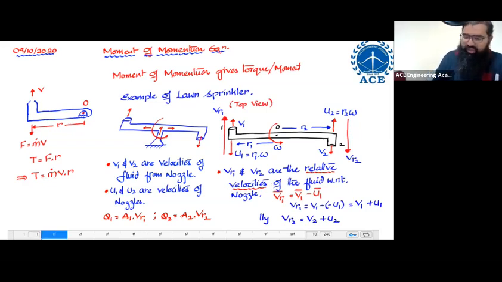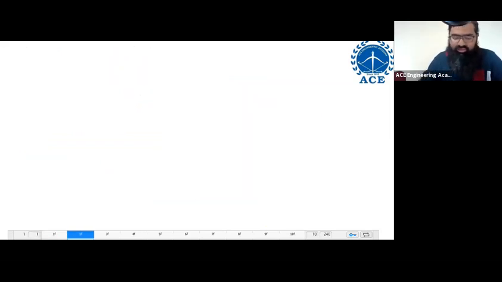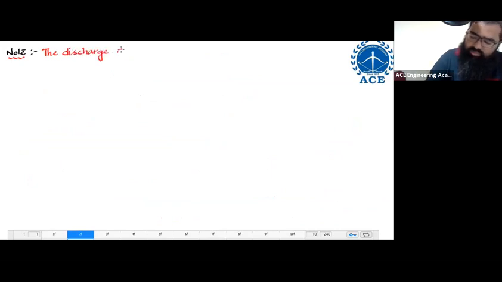So I'm going to the next slide now. The note says that the discharge corresponds to the relative velocity.